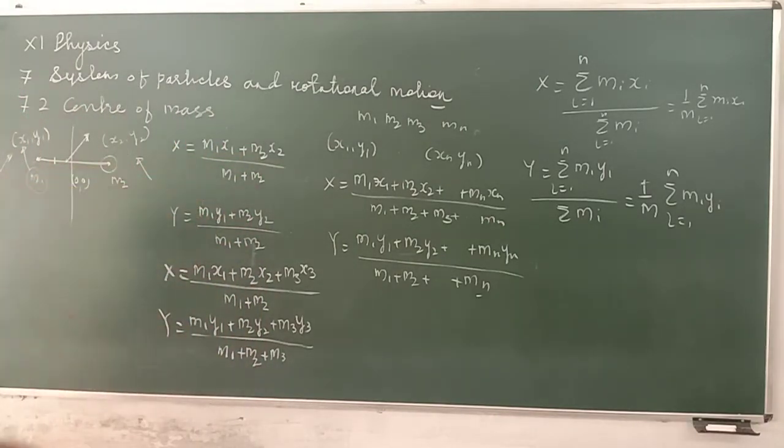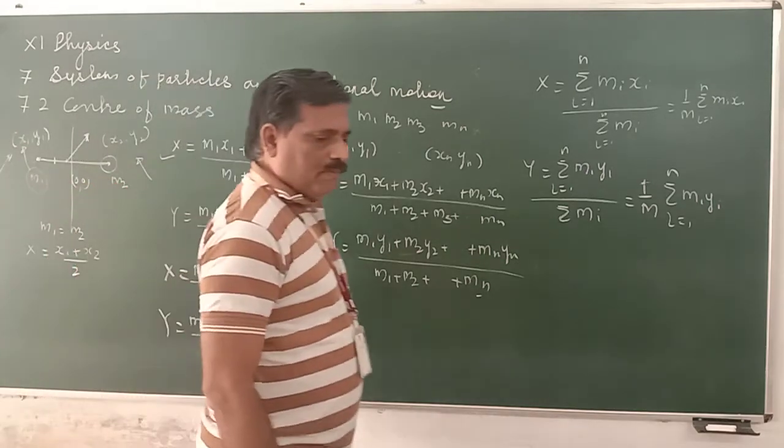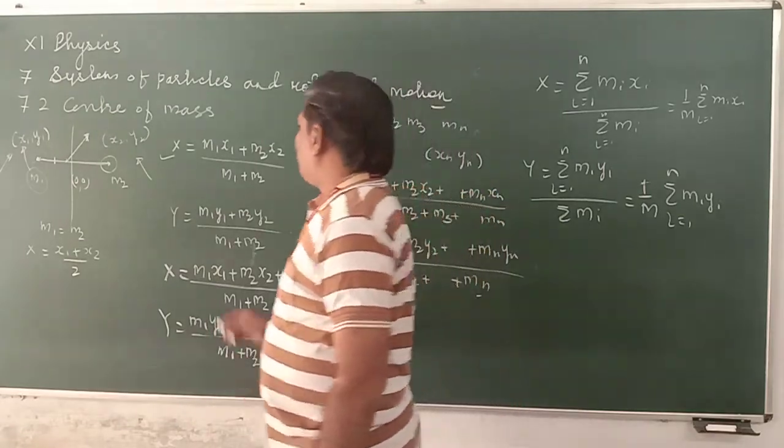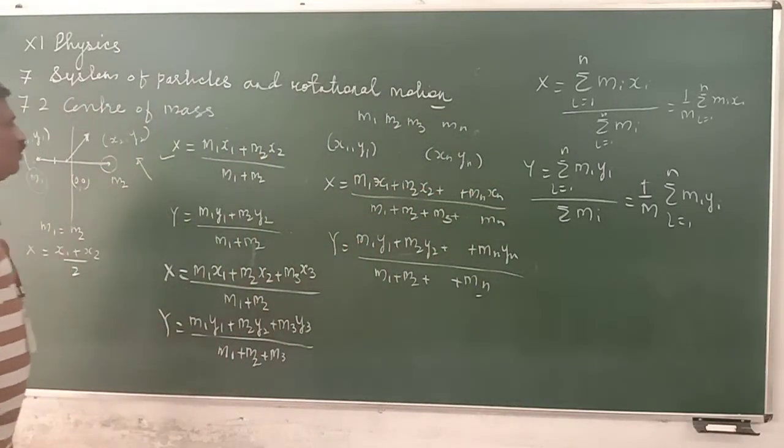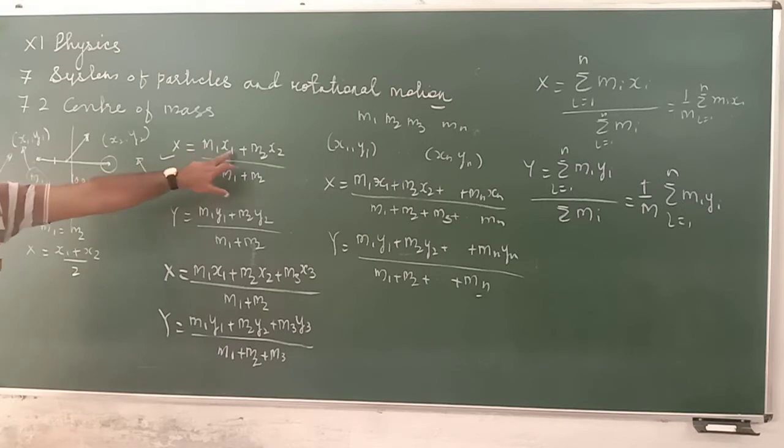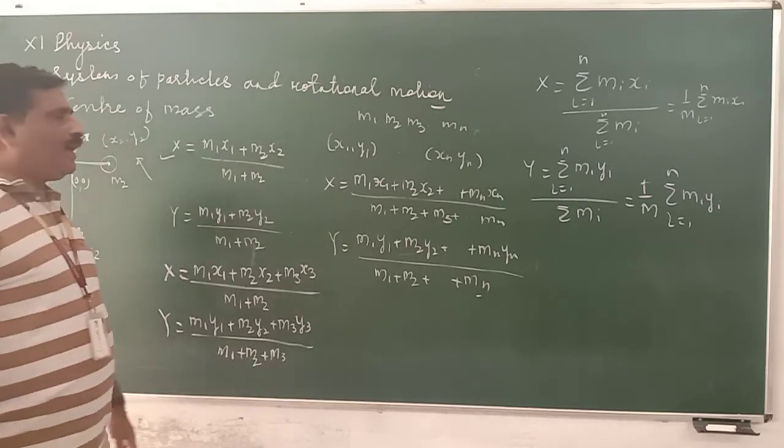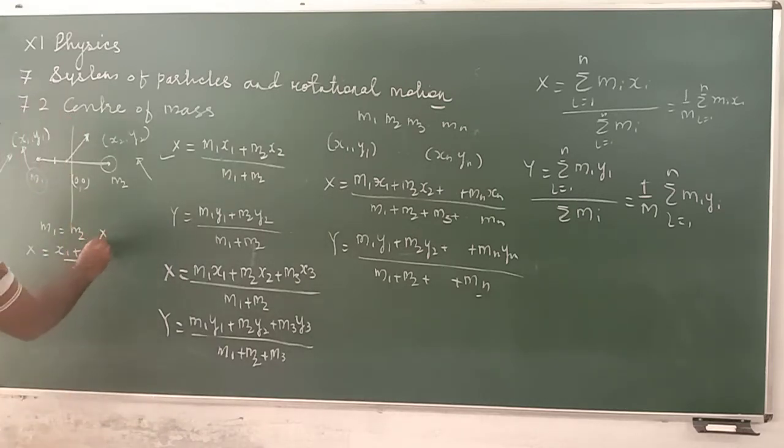Here you can see, let us consider this one. Suppose m1 is equal to m2, then x is equal to x1 plus x2 divided by 2. If they are again at equal distance, suppose x1 is equal to x2, then x is equal to x1.